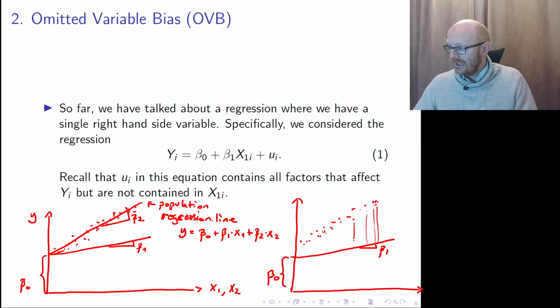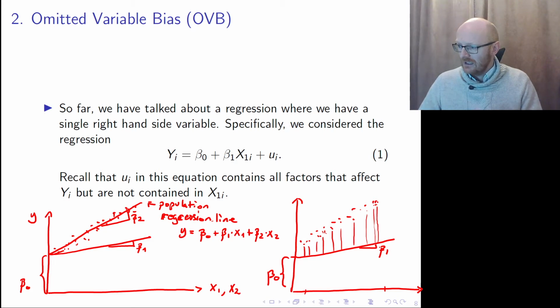And you see, in our case, these residuals are large when x is large, and they are small when x is small. So in this case, if we do not include the beta 2 or the x2 variable, then we would have correlation between the x and the residuals.